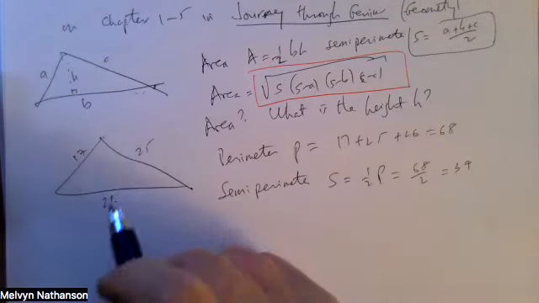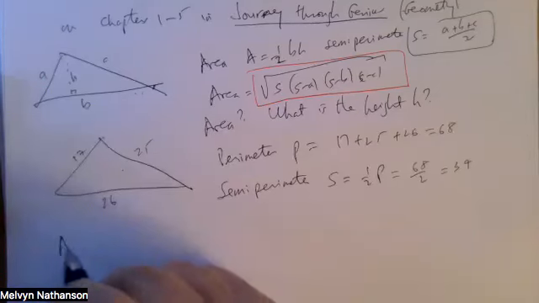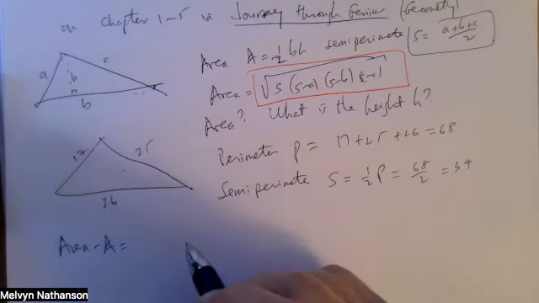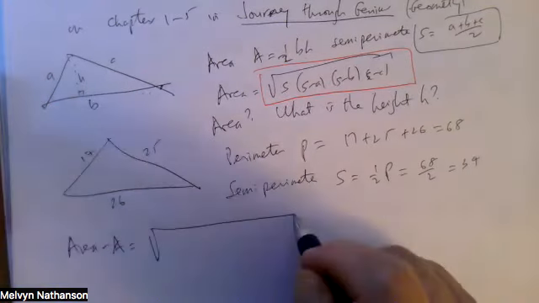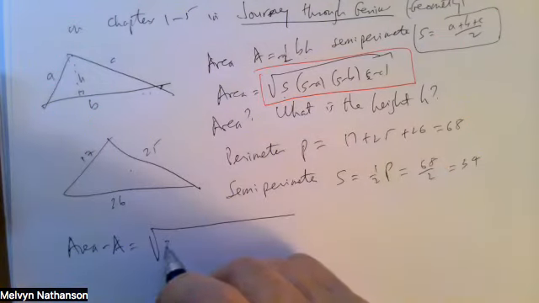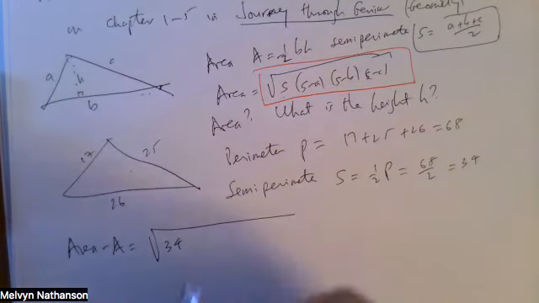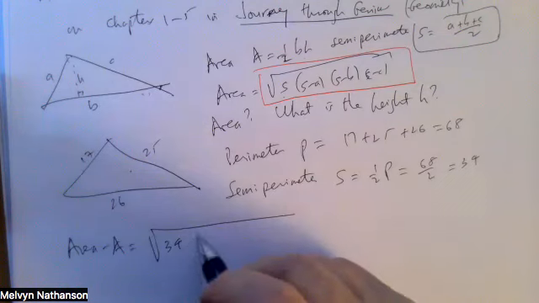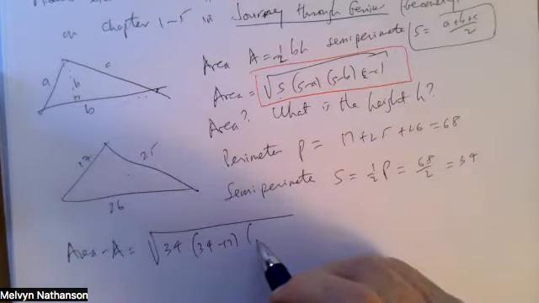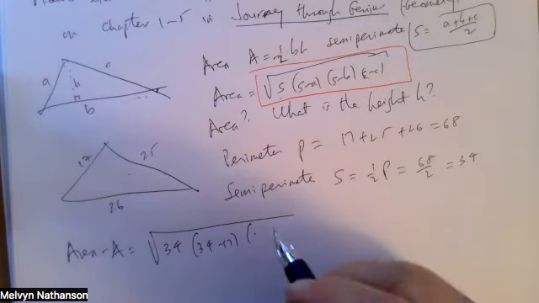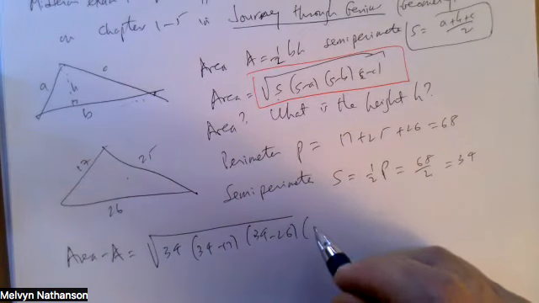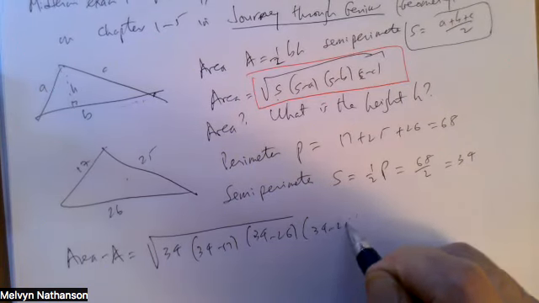So for example, for this triangle, the area A is the square root of the semi-perimeter, 34, times S minus A, 34 minus 17, S minus B, 34 minus 26, S minus C, 34 minus 25.